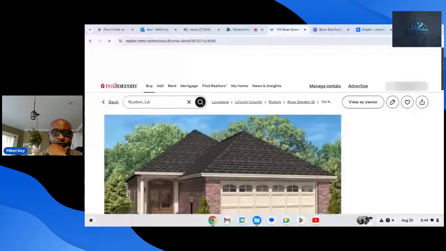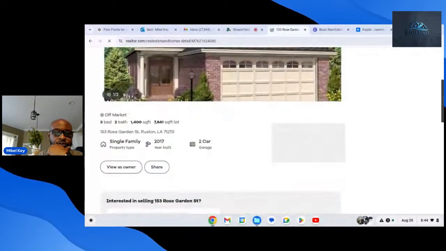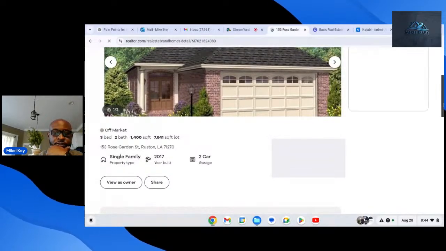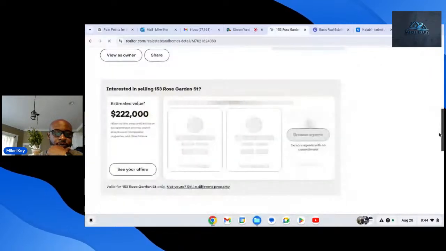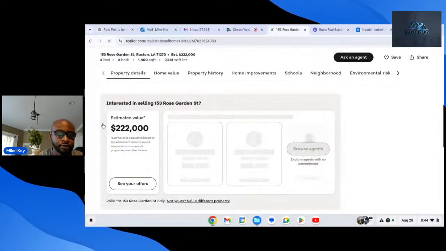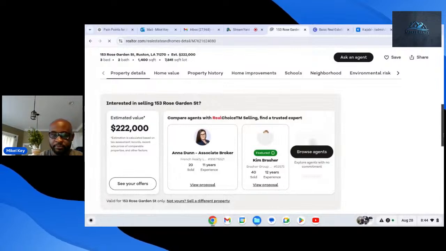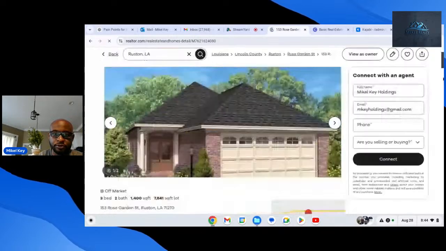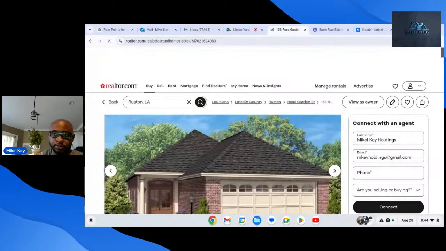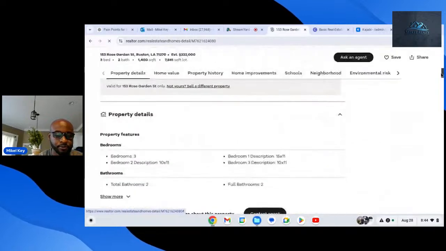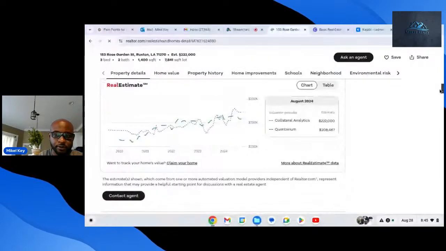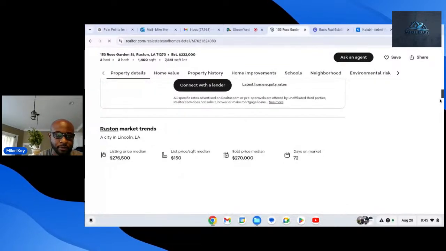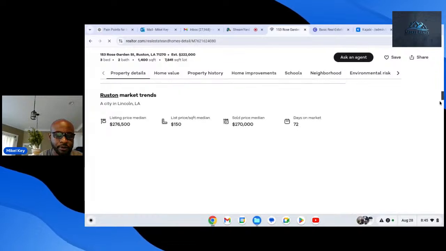All right, so here's 153 Rose Garden Street. It's an off market property, 3-bedroom, 2-bath, 1,400 square foot. And this is on realtor.com, guys. The estimated value is $222,000. Now let's go down.